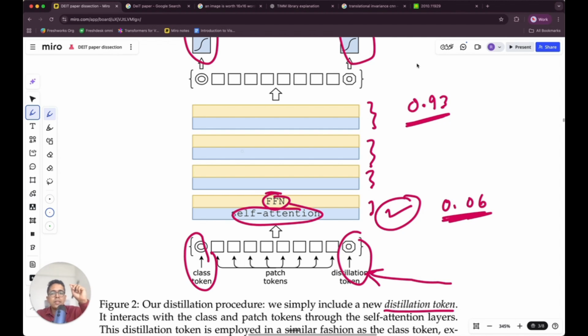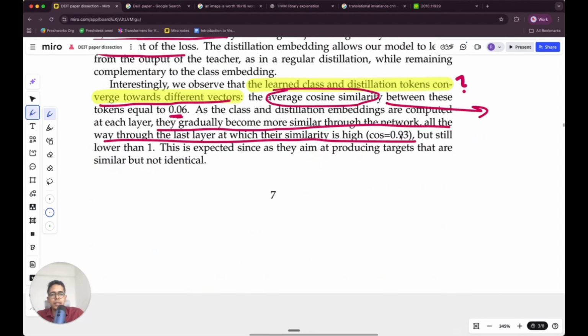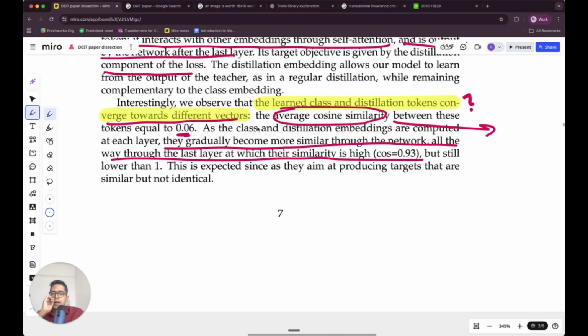The average cosine similarity between distillation token and class token over many different images. That becomes 0.93. This is my current understanding. I am not 100% sure that is exactly what is mentioned here. They did not explicitly say whether this 0.06 is in the earlier layer or not. But I hope that is what they are saying.